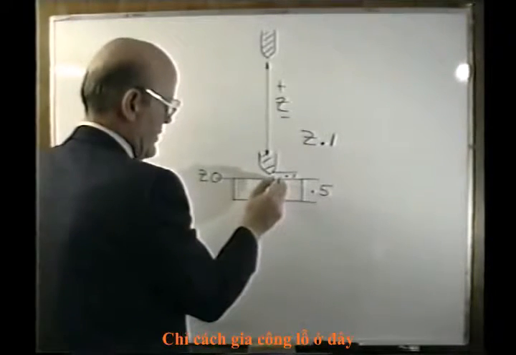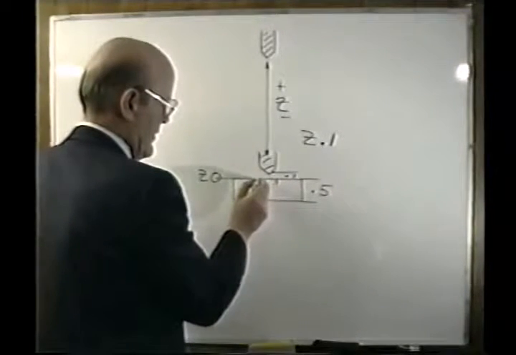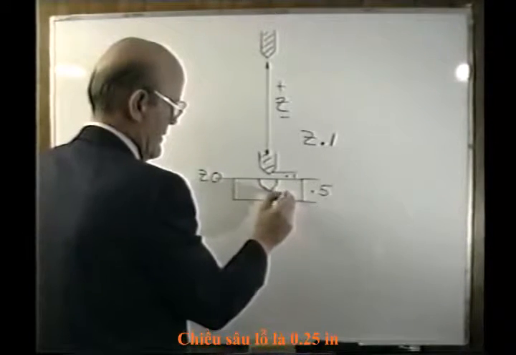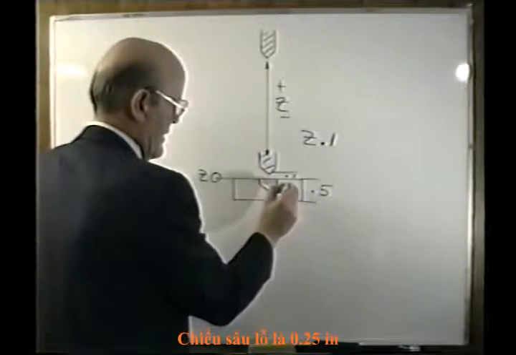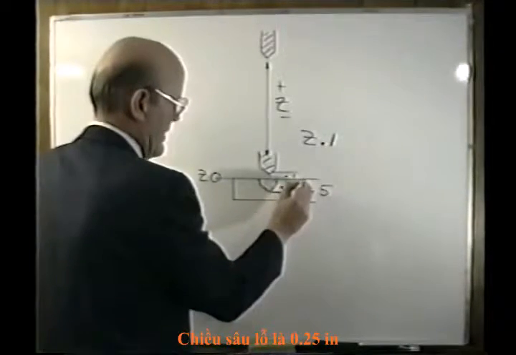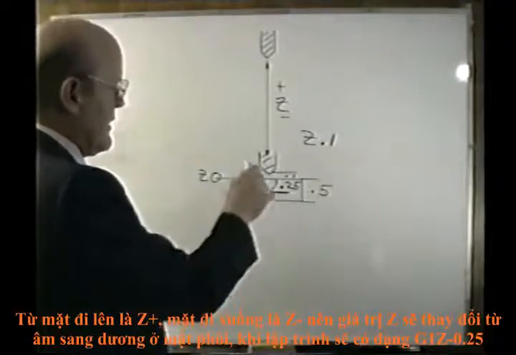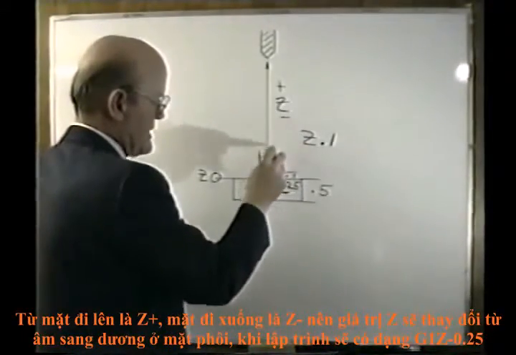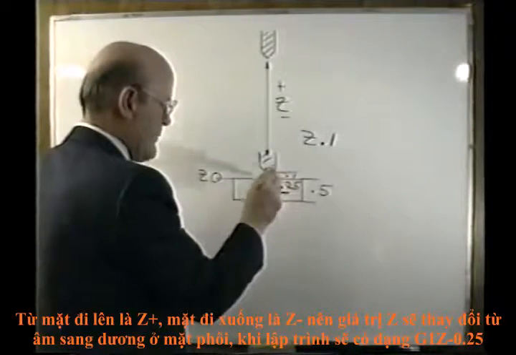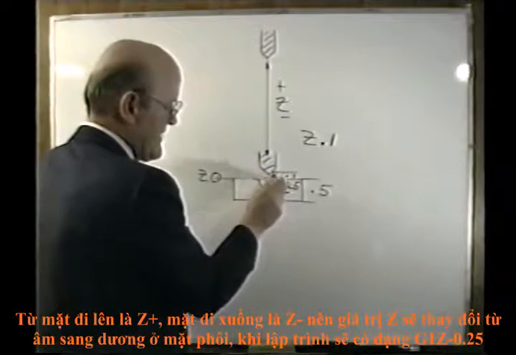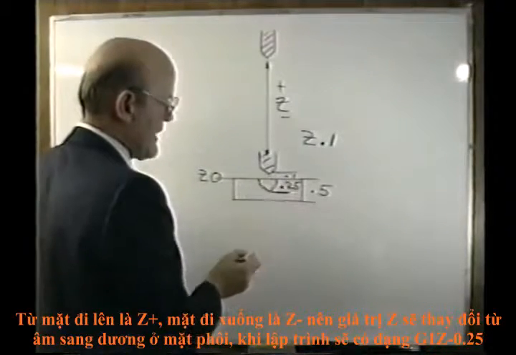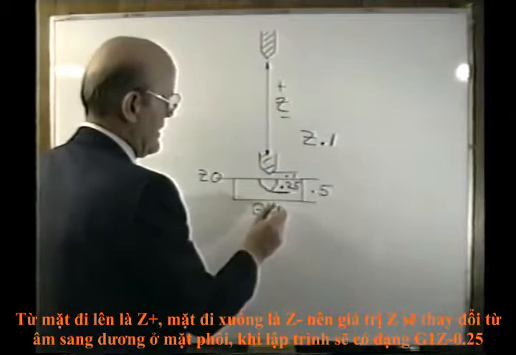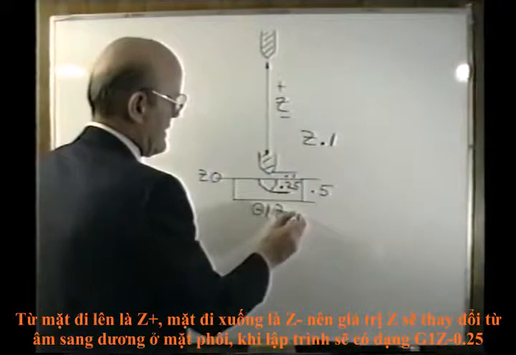Now, let's assume we want to drill a hole right here. We want this hole to be about 1/4 inch deep. If the numbers are positive above this work part, and if the numbers get smaller and smaller, then once we pass this surface, for us to achieve this depth right there, it would be something in our program that would look like this. It would read a G code, a G1 to Z minus something.